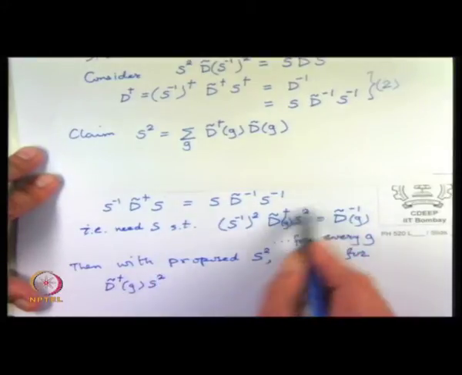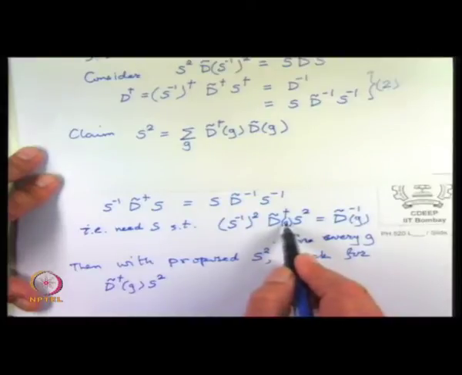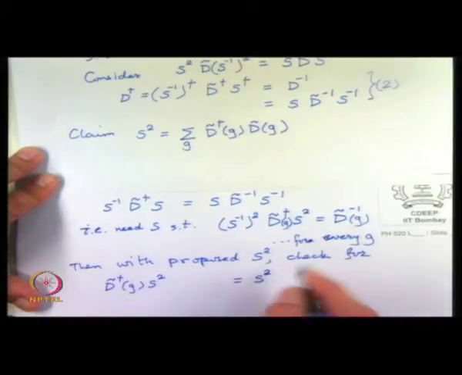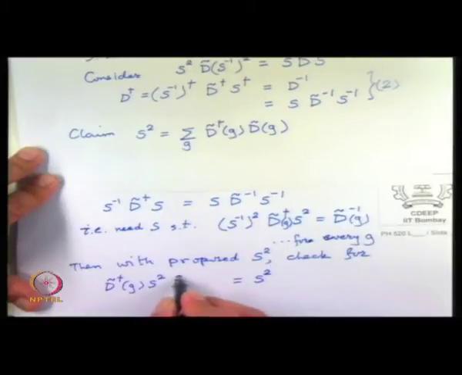So take this statement and write it, multiply on the left by S squared and on the right by D tilde. Okay.